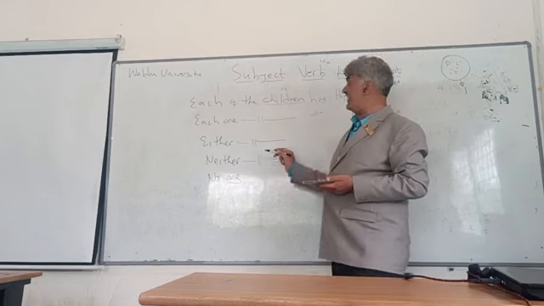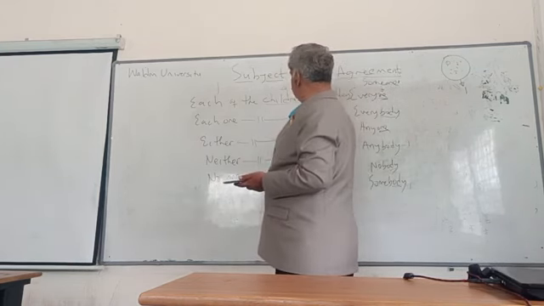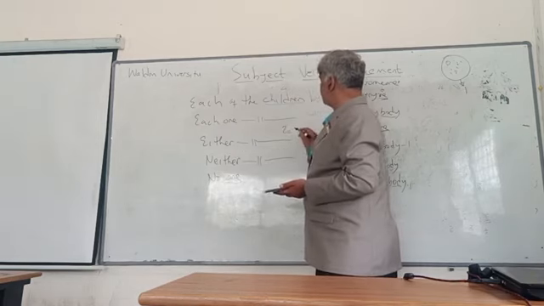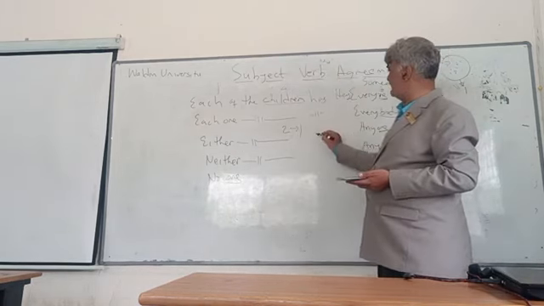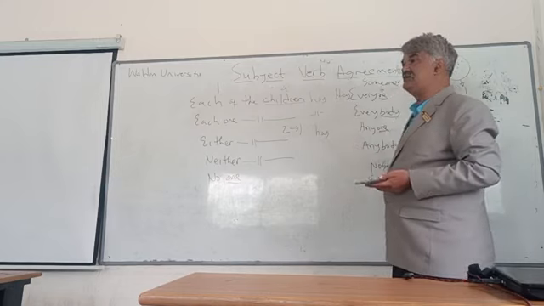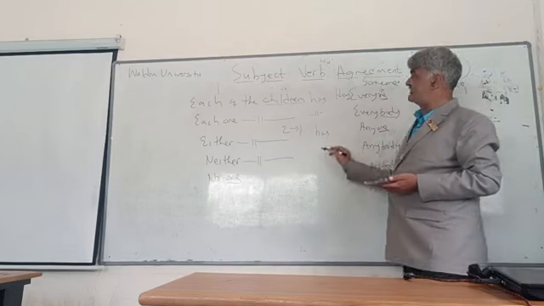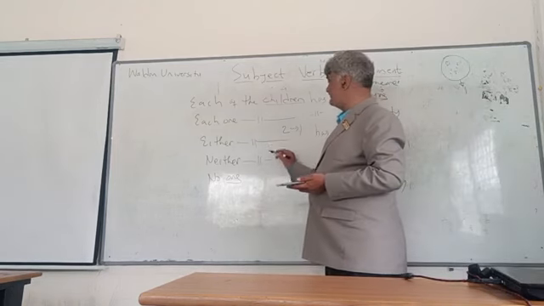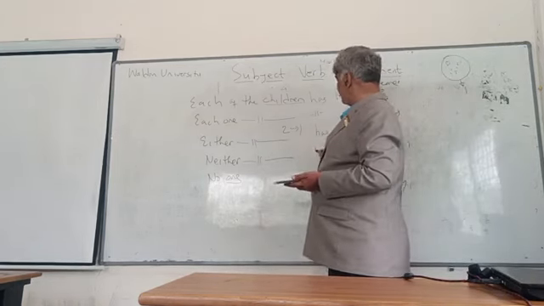When I say either of the children, what do I mean by either? There are only two children. Out of those two, you're taking one, so the verb is singular. Neither actually means zero, but the verb is also singular.